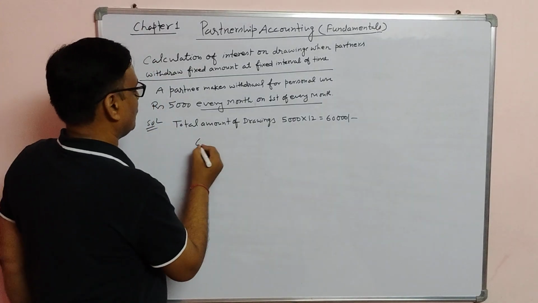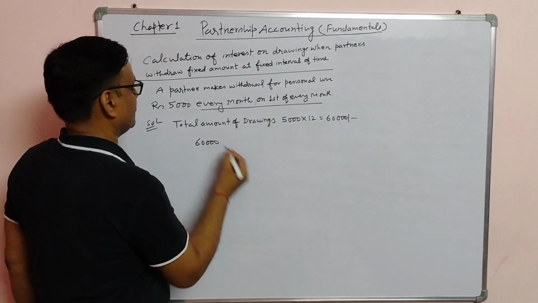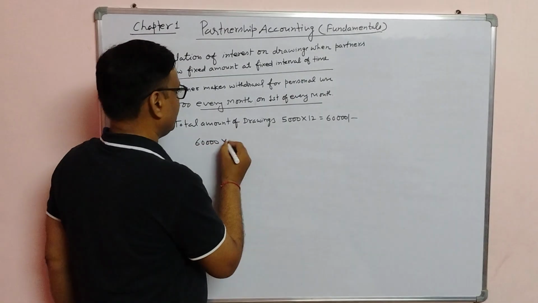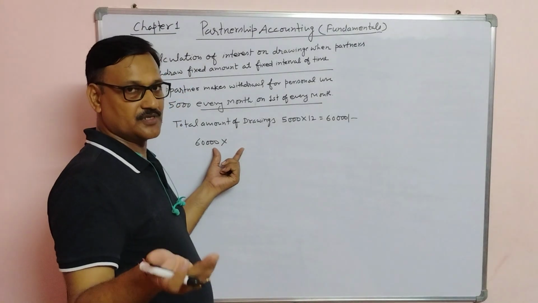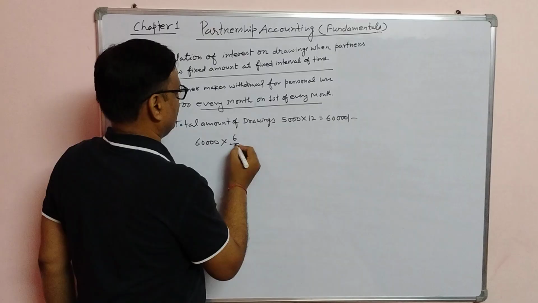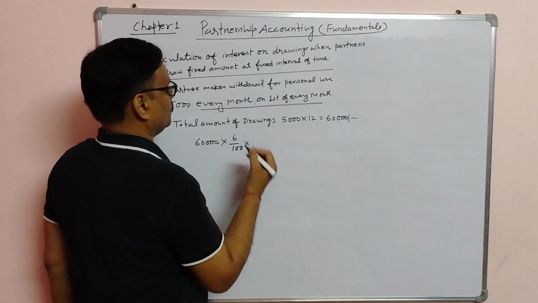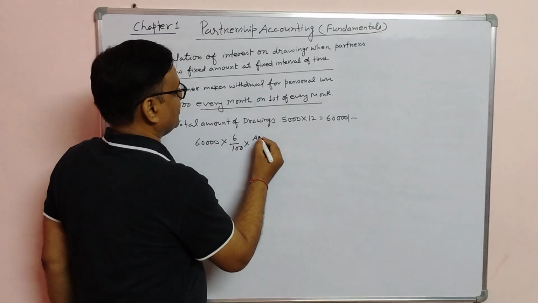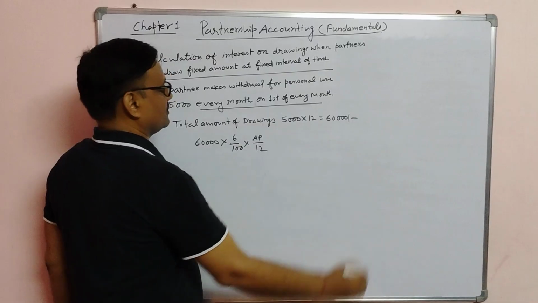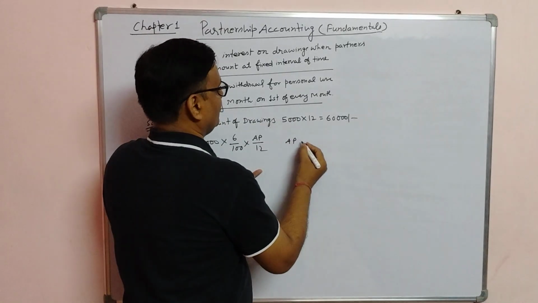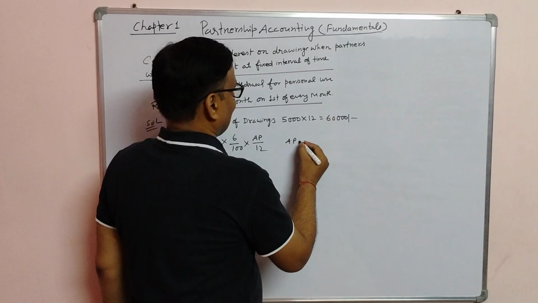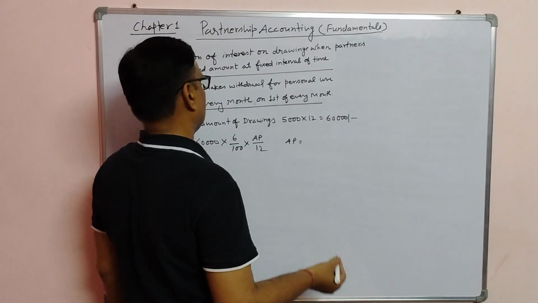So rupees 60,000 is being withdrawn by the partner. What is the rate of interest? As I have assumed that it is 6%. 6% इंटरेस्ट रेट लगाया जाता है 600 into average period divided by 12. So how we will calculate the average period, that I will show you here. Calculation of average period.